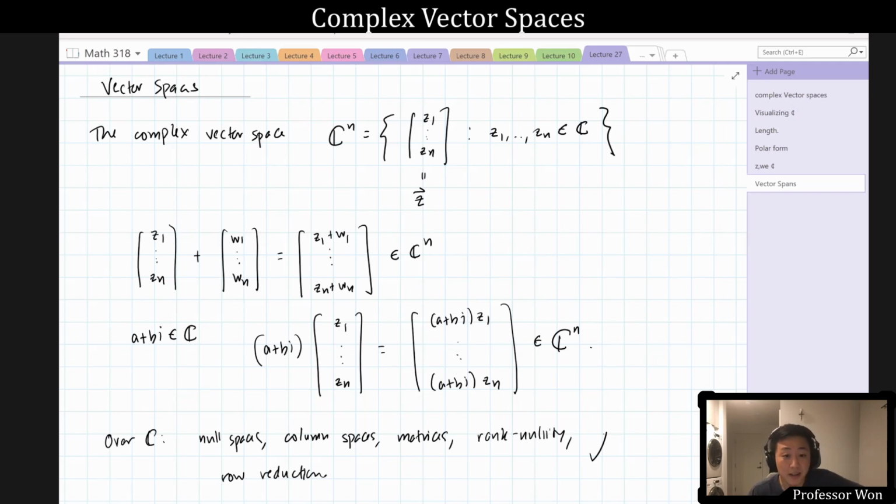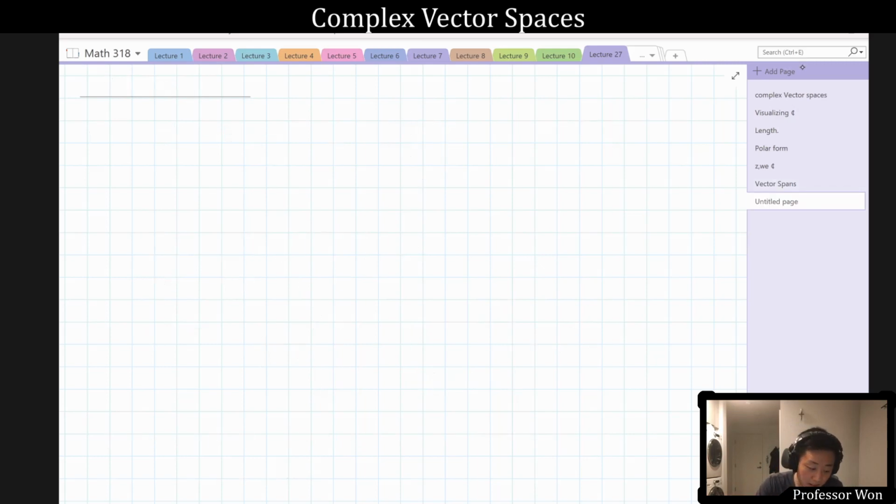In other words, we're going to define an inner product on Cn, but it's not going to be that the inner product of z and w is z transpose w. It's going to be slightly different. So I'm going to introduce a very important notion, the notion of the conjugate transpose. As you take more and more classes, you'll probably hear the phrase conjugate transpose thousands of times. It's just the natural thing you do when you have a complex vector or complex matrix.